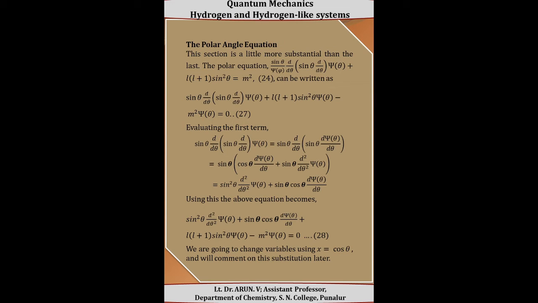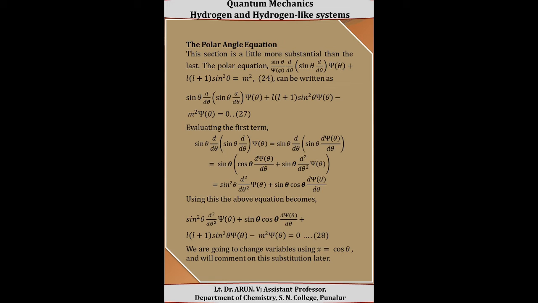The first term, that is sin theta d by d theta sin theta d by d theta psi theta, is equal to sin theta d by d theta into sin theta d psi theta by d theta, that is equal to sin theta into cos theta, taking the derivative, cos theta into d psi theta by d theta plus sin theta into d square by d theta square psi theta, that is equal to sin square theta into d square by d theta square psi theta plus sin theta cos theta into d psi theta by d theta.